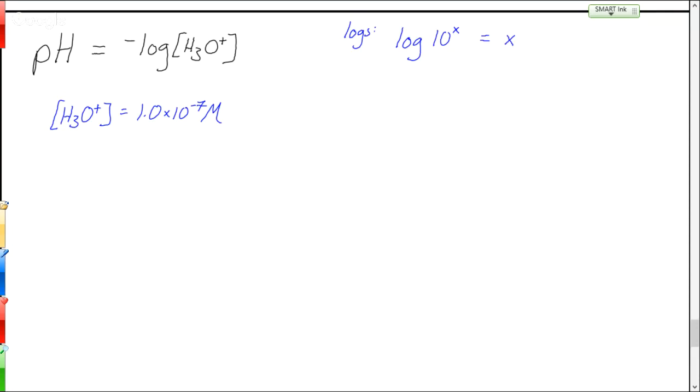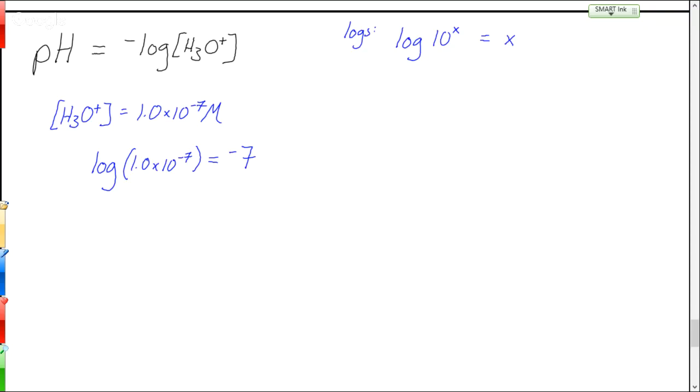The log of 1 times 10 to the minus 7: since that's a nice even exponent, 1 times something is just the something. So we can think of that as the log of 10 to the minus 7. That's just going to be minus 7. You don't need calculators or anything for that. It's just the exponent.